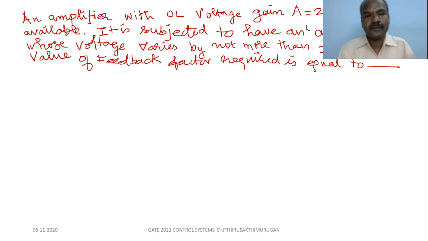It is subjected to feedback such that the amplifier's output voltage varies by not more than plus or minus 0.5%. The value of the feedback factor required is equal to, there will be 4 choices. So we have to find the correct feedback factor value. Okay. So the solution is very simple.